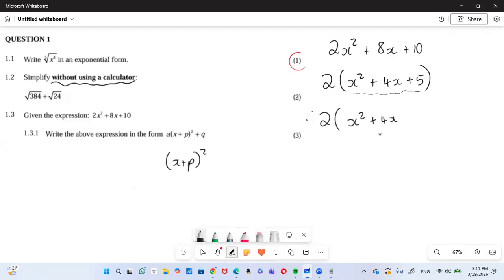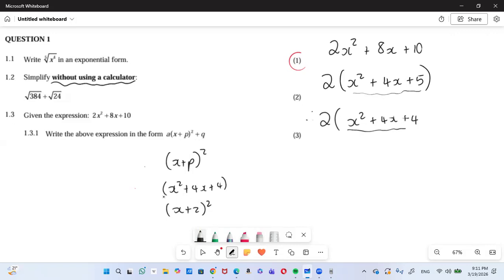So now how can we have that x plus p squared when we have this thing here? It means if we want to do that, we must have a plus 4, right? Because if we have a plus 4 and we have x squared plus 4x plus 4, it can easily be written as x plus 2 squared.